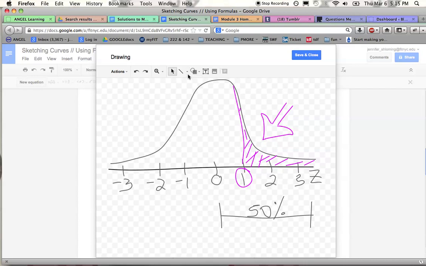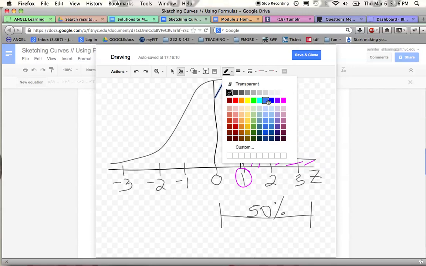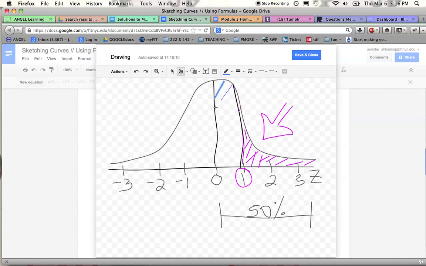And since it's symmetrical, then what do we know? We know that from 0 to 1, we know how much percent is in between, this piece here. Come on, draw.